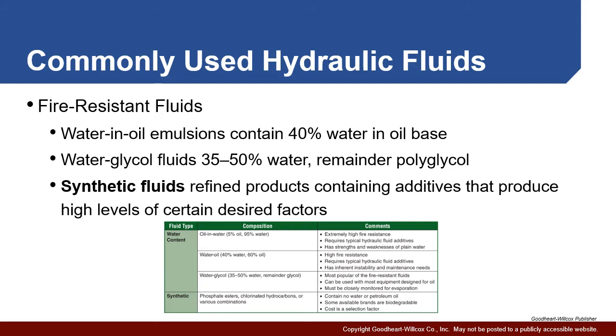It still has most of the properties of the oil, but the water gives it a significant resistance to fire. We can also use water and glycol. Glycol is, of course, the material found in antifreeze. It has a very thick film similar to oil. In those cases, we can use anywhere from about 35 to 50% water to resist fire and still have some of the lubrication effects that oil has.